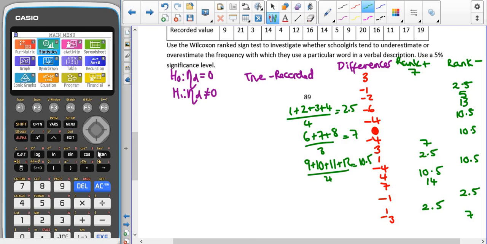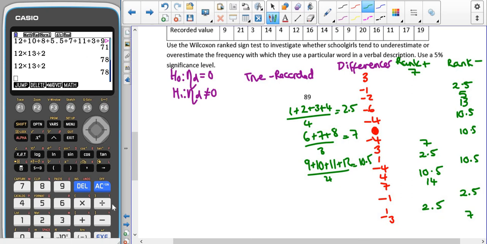So now we need to add up those ranks. Adding up the rank pluses would be 7 plus 7 plus 2.5 plus 10.5 plus 14 plus 2.5, which gives me 43.5.